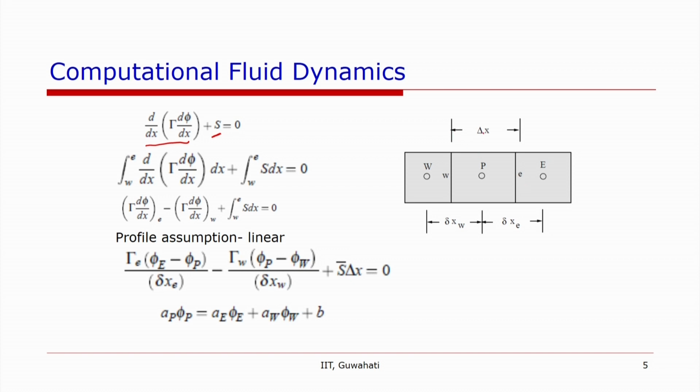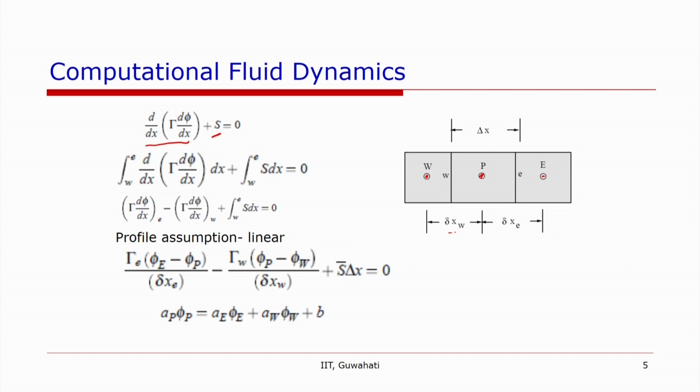So the cell centers are named P, which is the point, W a point on west of it, and E a point on east of it. The faces are being represented by small w and small e for west and east sides respectively. The distances between the points W and P and E are delta x subscript W and delta x subscript E.